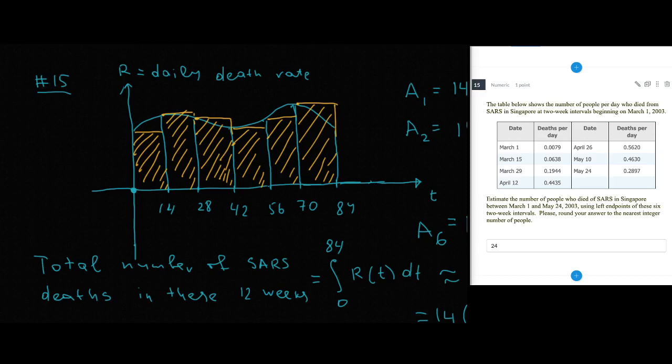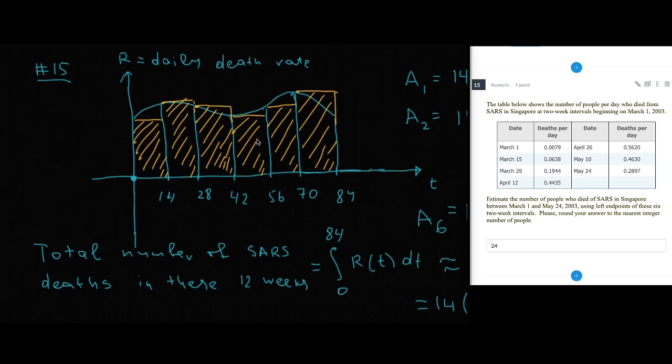So if the daily death rate is given by some function capital R of t, I have it here, this function right here, then we could find the total number of deaths during this time interval by integrating this function R of t, which is a daily death rate, over the time interval from 0 to 84.